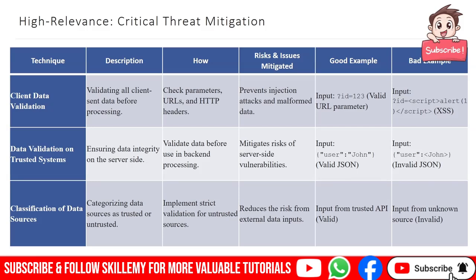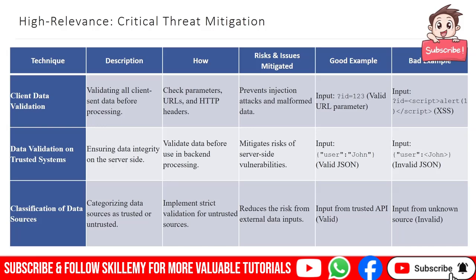A good example would be a properly formatted JSON input, such as user John, which meets expected data formats. In contrast, an invalid entry like user John inside diamonds instead of double quotes can cause errors or even exploit vulnerabilities if not addressed. By validating data on the server side, we add another layer of security.